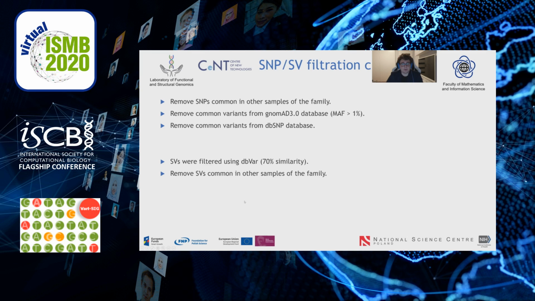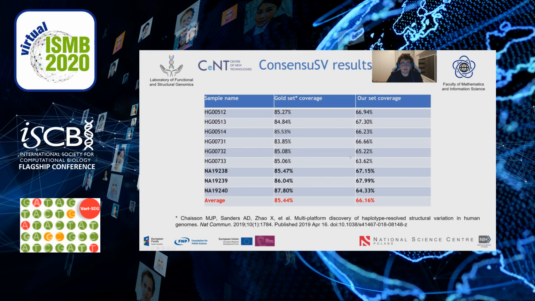As you can see, we used some pretty basic filtration criteria, and we provided the files from gnomAD 3.0 with minor allele frequency above 1%. We used dbSNP, dbVar and ClinVar as well for the filtration of the results.